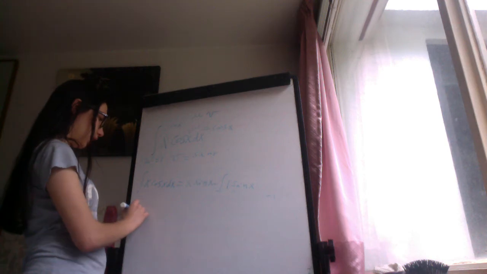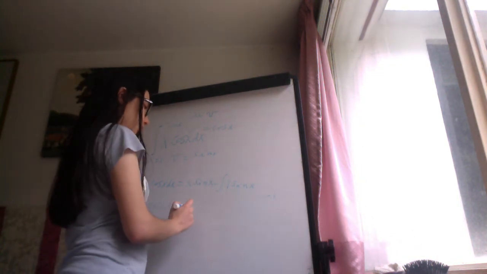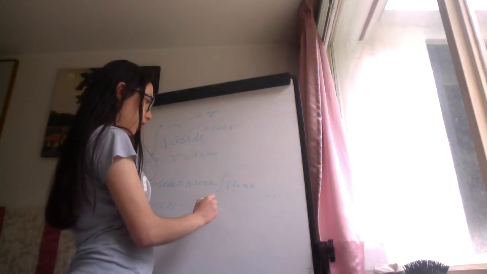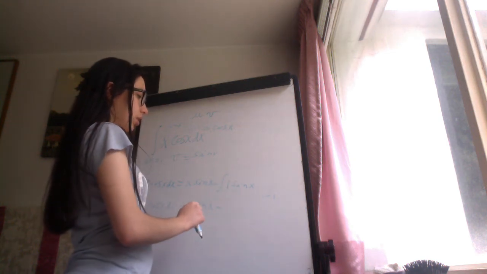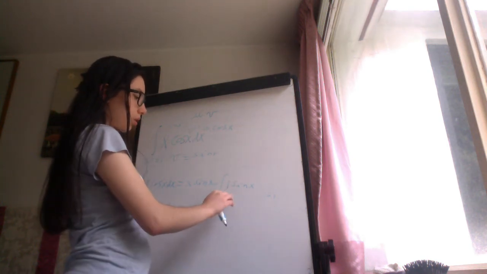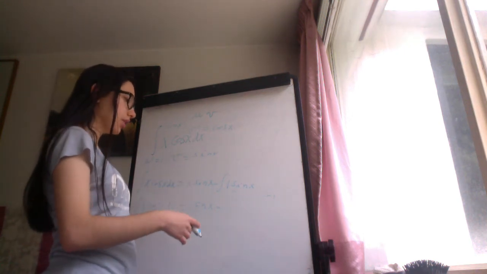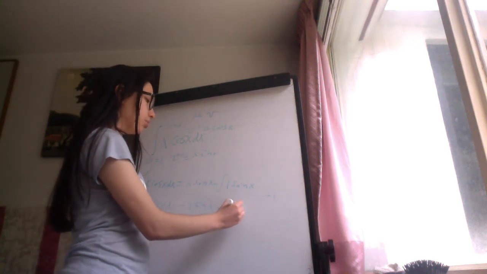So the integral of x cosine x dx is equal to x sine x minus the integral of sine x. If you already know the derivatives of cosine and sine very well, you know that the integral of this will be minus cosine x.